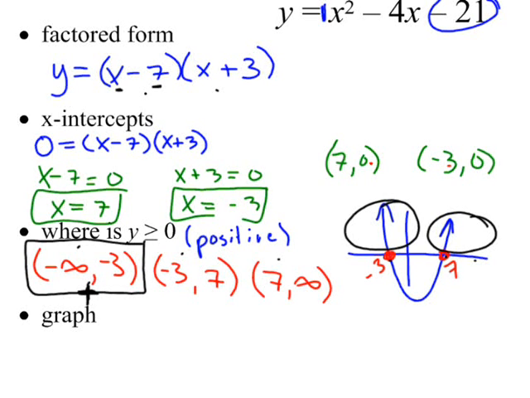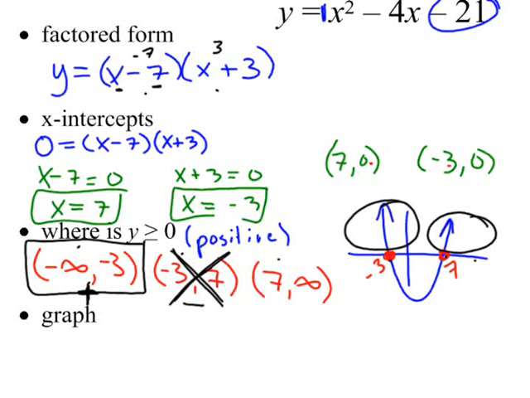If I pick a number between -3 and 7, say 0, and you put 0 in there, you have a -7 times a +3, and if you multiply those together, you get -21, which is a negative number. Therefore, y is negative, it's clearly not positive, so that interval does not count as y is greater than 0.